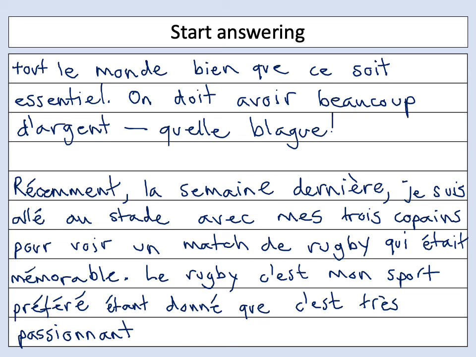Now, remember, we need to stack those answers up. So rather than just giving one, let's give something else. We'll just do two rather than three. We're doing really well for words here, by the way. So, c'est très passionnant et, let's say, extremely, extrêmement, entertaining, divertissant.